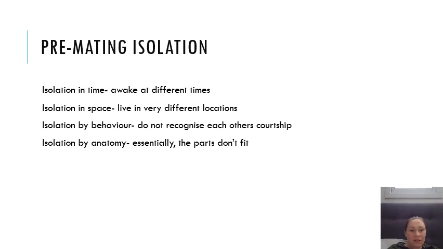So pre-mating isolation: there's isolation in time, so you're awake at different times; in space, so you live in different locations; isolation by behavior, so they don't recognize each other's courtship rituals; and isolation by anatomy, so different body parts.